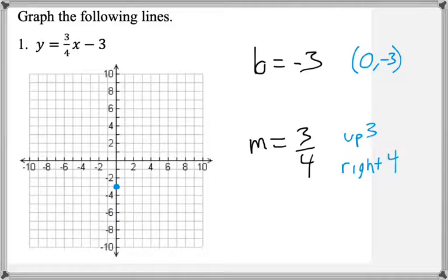So if I go up 3 and to the right 4, this would be my second point, and then I can use this navigation to get to a third point. So if I go up 3 and then to the right 4, this would be my third point. So connecting the dots, that is my line.